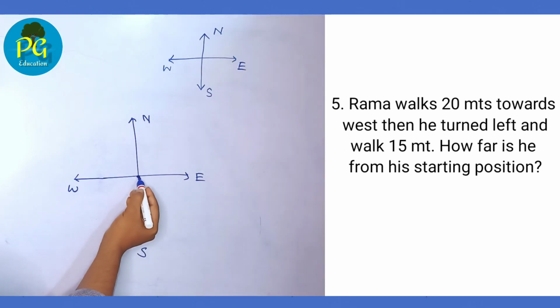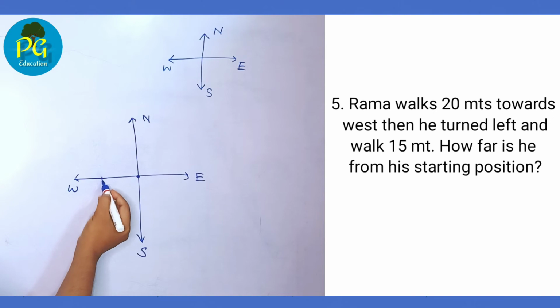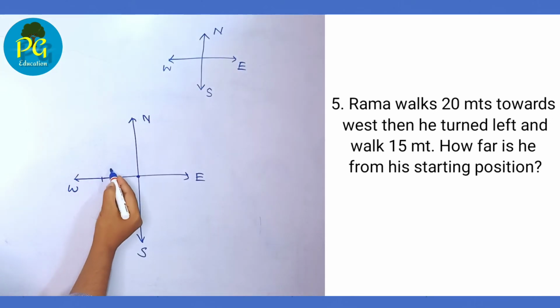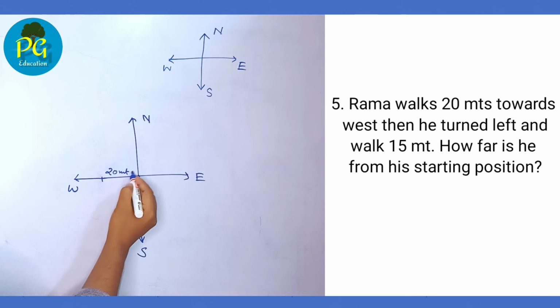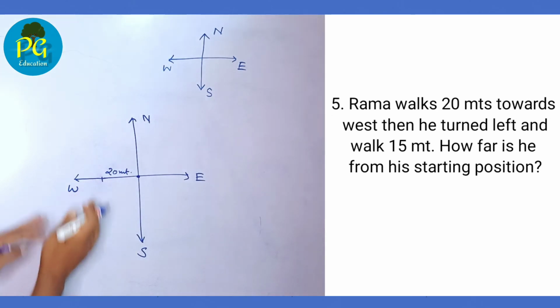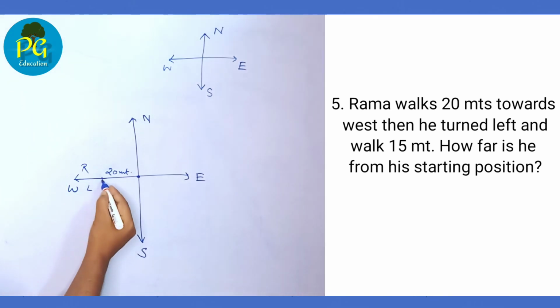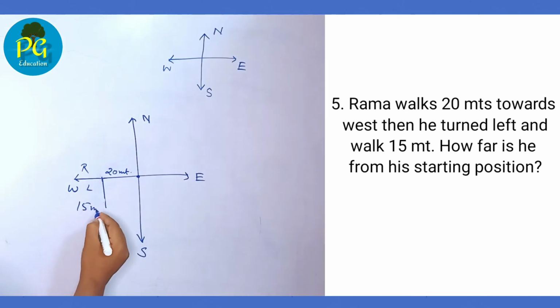Suppose Rama walks 20 meter towards west. Okay, then he turns to his left. This is the left hand side of Rama and this is right hand side. So he turns to his left and walks for 15 meter.